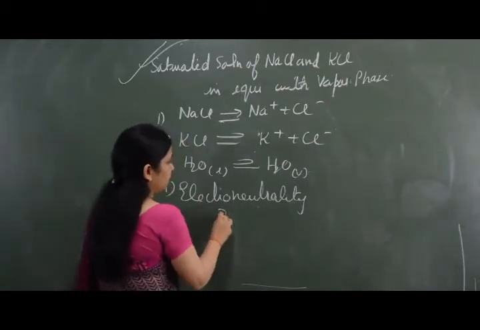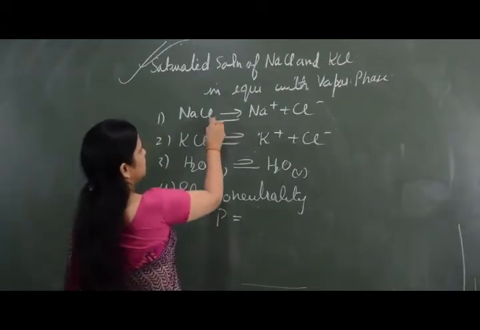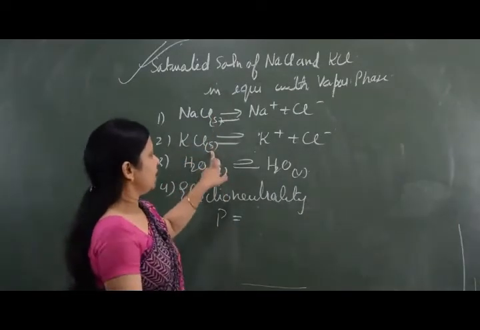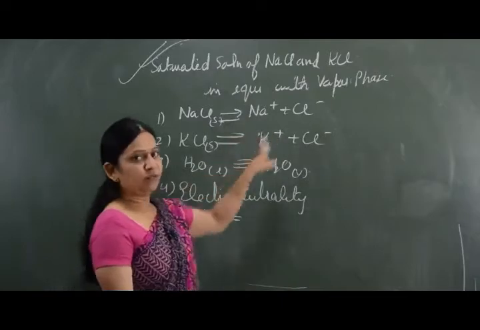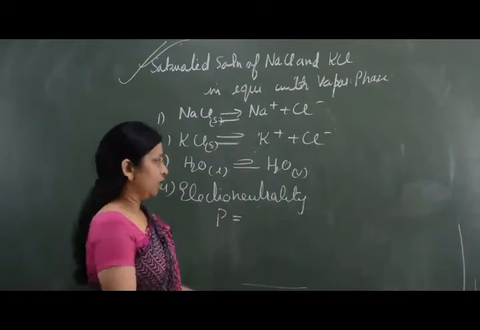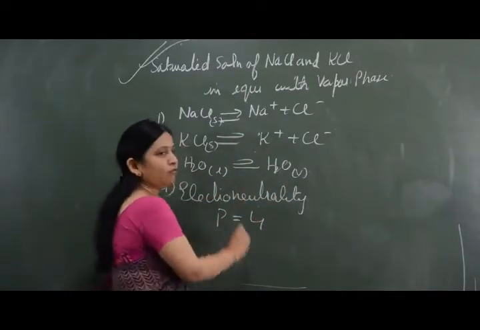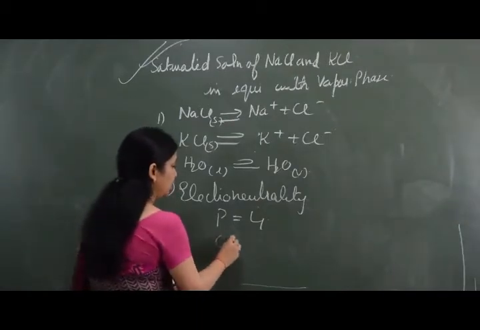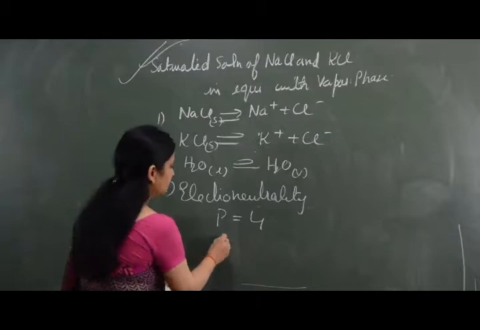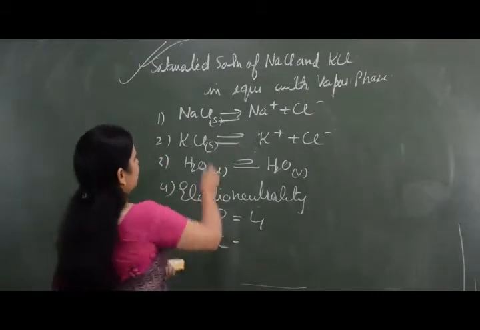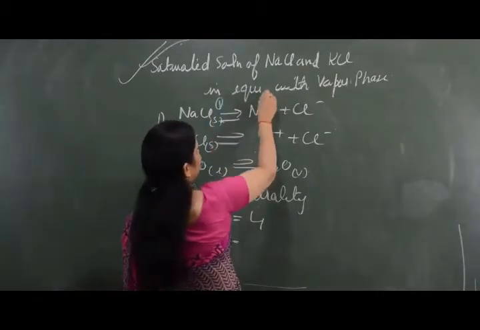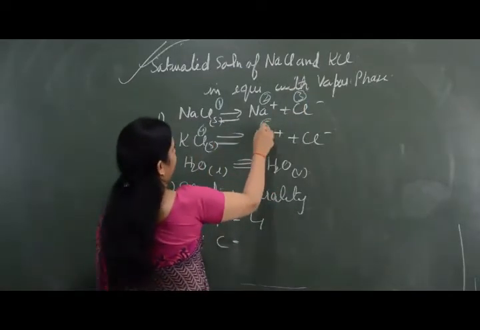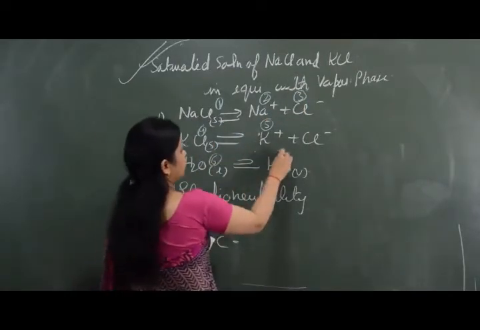So if this is the condition, then we write 4 equations. Now number of phases: this is a solid phase, this is a solid phase, so 2 solid phases are there, then we have a liquid phase, and then we have a vapor phase. So we are having 4 phases in this system. If we have to calculate components here, then components are 1, 2, 3, 4, 5, 6 and 7.